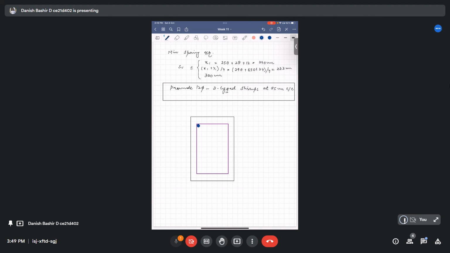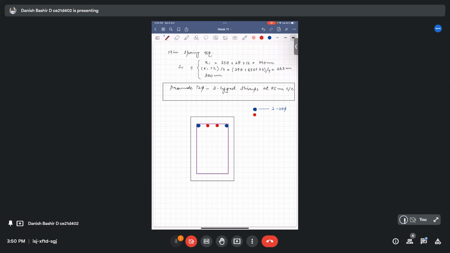And we are going with this one bar. I am showing it with color coding. This is 2 numbers of 28 phi bars. Then we have provided 2 numbers of 25 phi bars, and we'll go with the color coding.